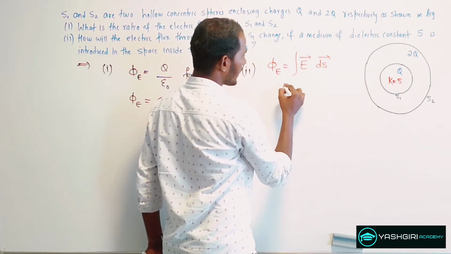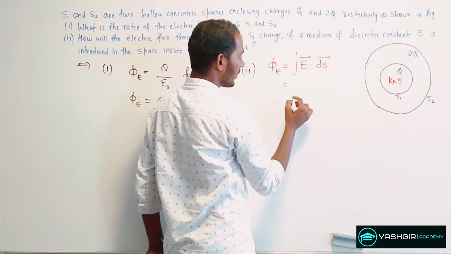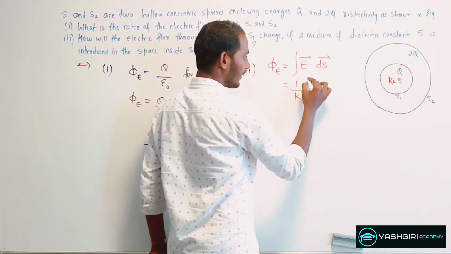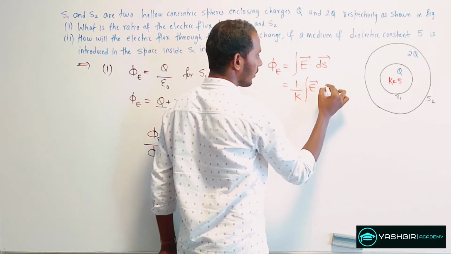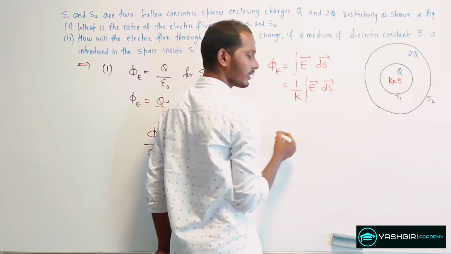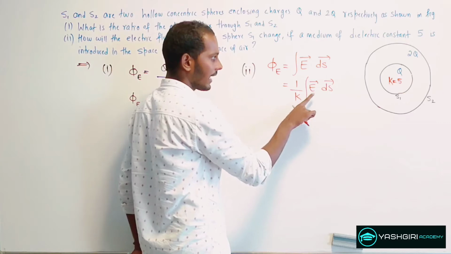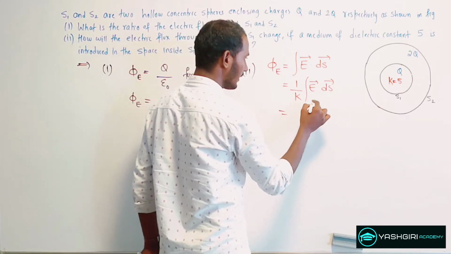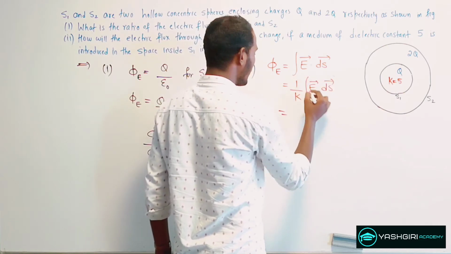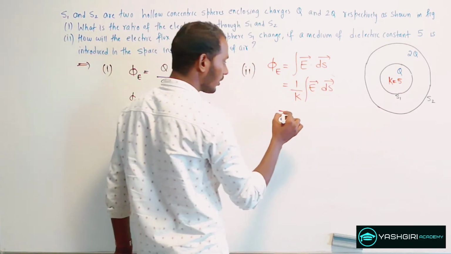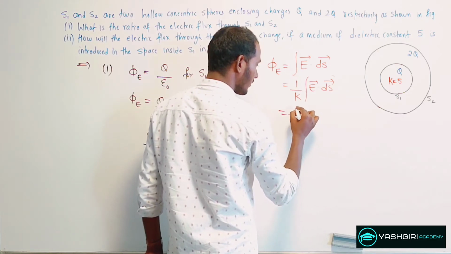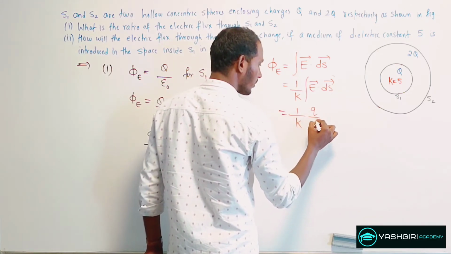So when you have a dielectric constant, it's a constant, I can just take 1 over K out, and that will be the integral of vector E dot vector ds. Here vector E dot vector ds, it's the same, I can just replace this with Q by epsilon naught. So it's 1 over K into Q over epsilon naught.